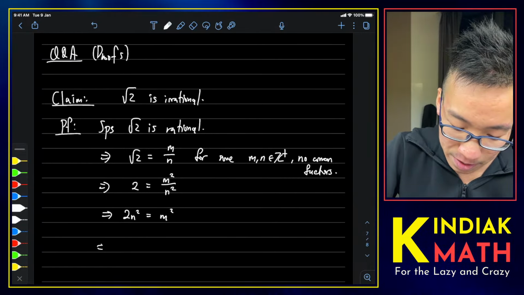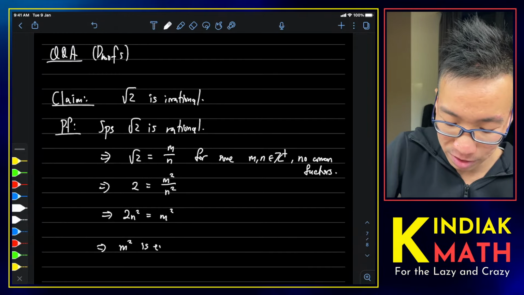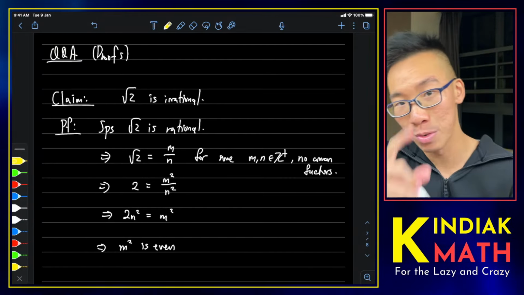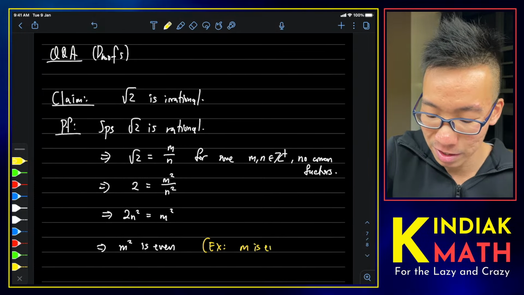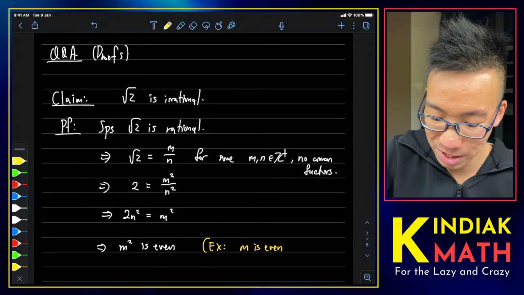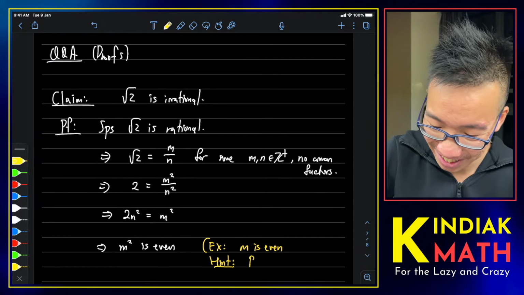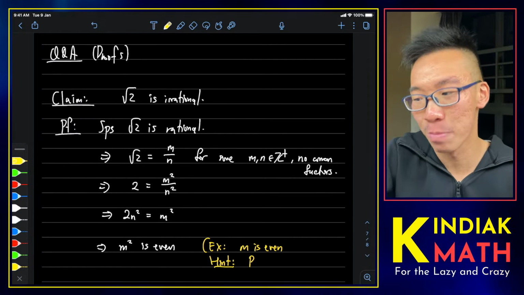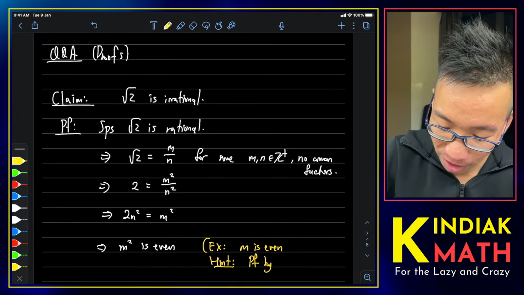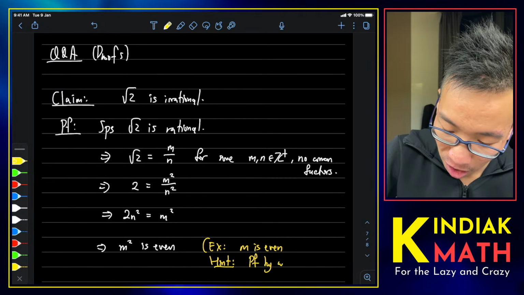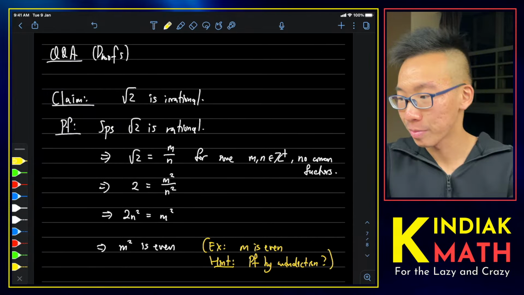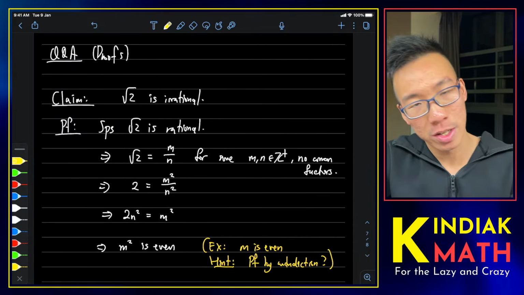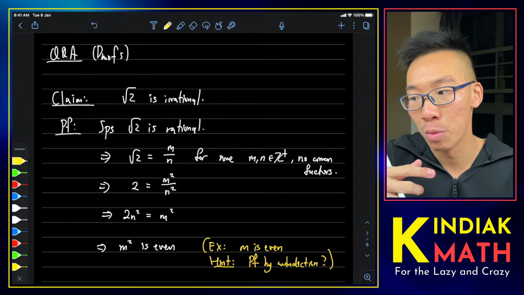This tells us that m squared is even, and I'll let you try this out as an exercise to prove that m is even. Hint: you might need another proof by contradiction, or contrapositive, whichever you want, because you might be able to work more with odd numbers than even numbers.